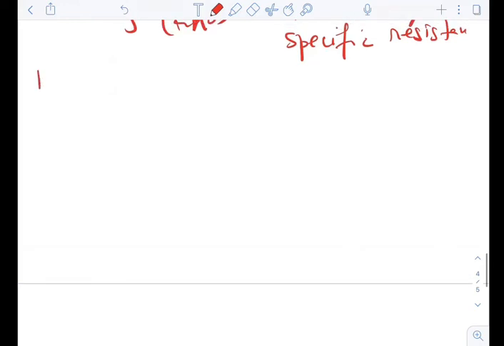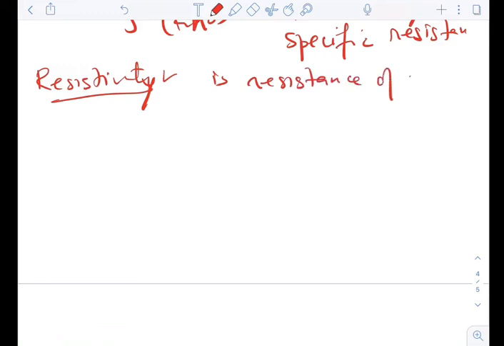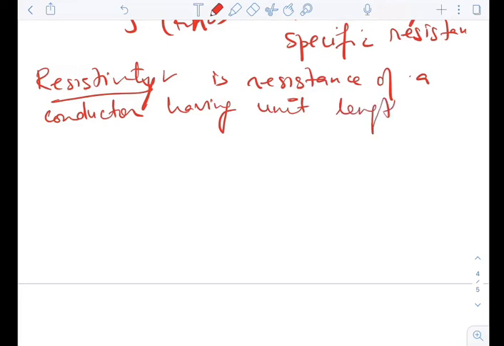Now we come to resistivity. Resistivity is defined as the resistance of a conductor having unit length and unit cross-sectional area.